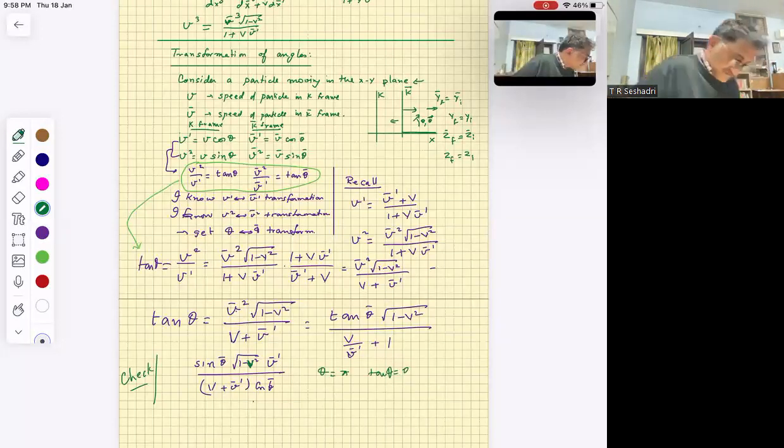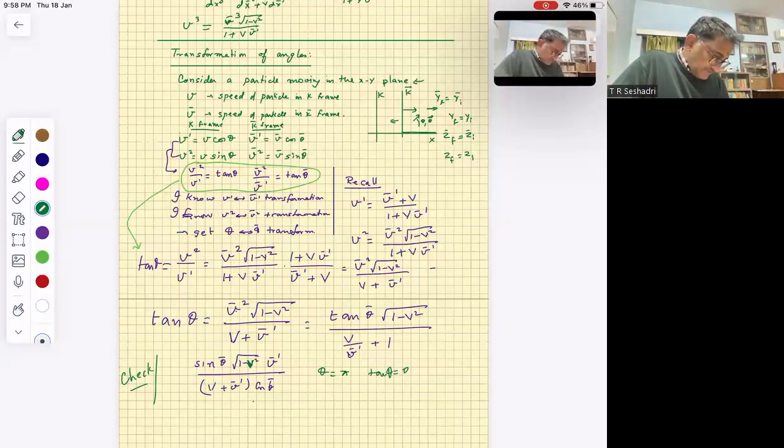And that gives me V bar 2, square root of 1 minus V square by V plus V bar 1. And if I take, okay, so V2 bar will be equal to V1 bar tan theta. Okay, so let me just do it quickly, one more thing, and then we will know.